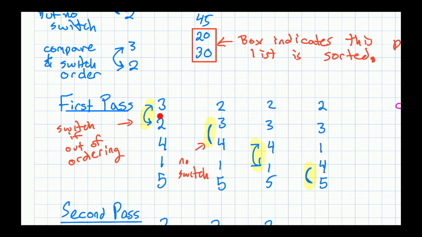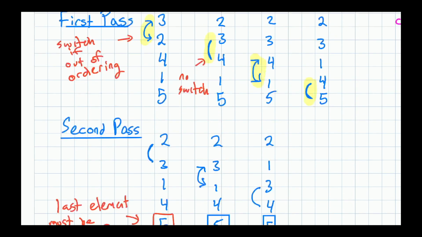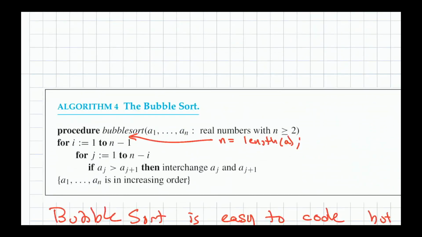They're always right next to each other. You're always comparing one element with the next element. And of course you see that in the code as well. When it says A[j] and A[j+1], those are right next to each other in the list. So that's what you're comparing.